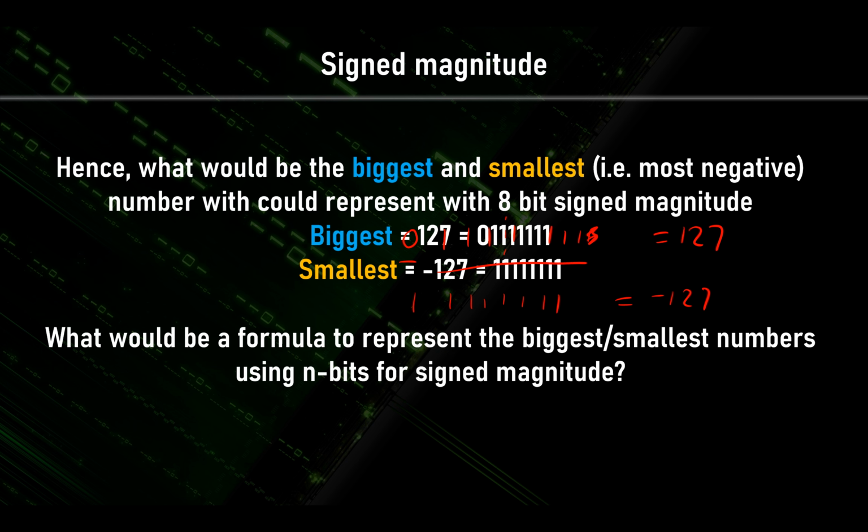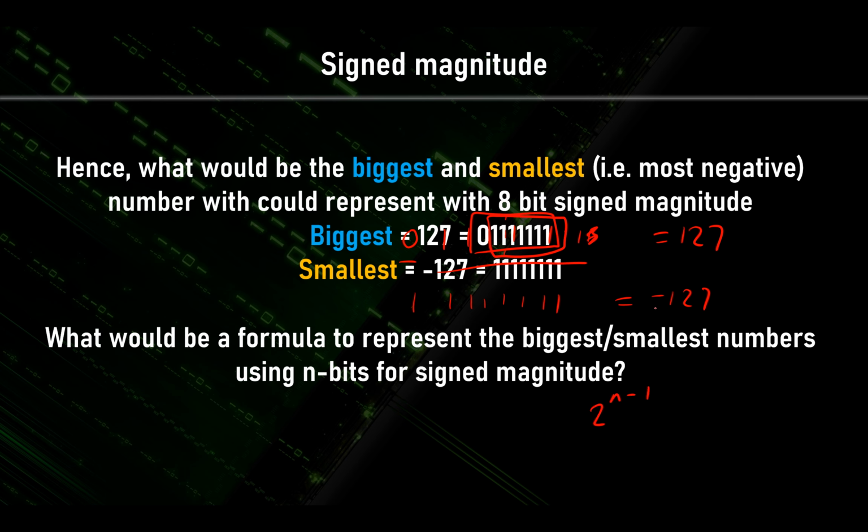So let's think, what would be a formula to represent the biggest and smallest number using n bits for signed magnitude? If we're using 8 bits, remember 2 to the power of 8 is going to be 256. Only 7 bits are going to be representing the magnitude, therefore it's going to be 2 to the n minus 1.